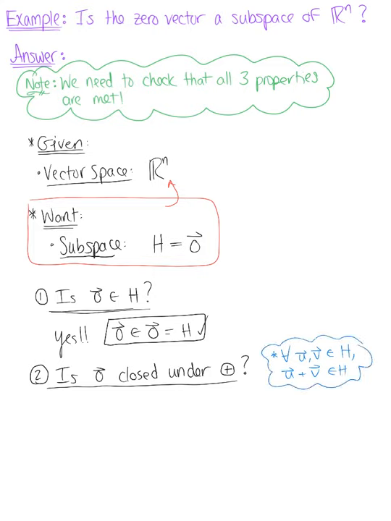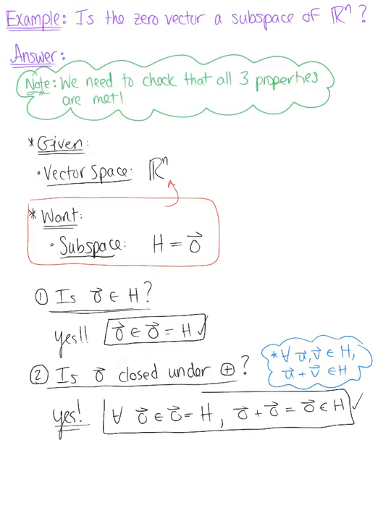What's nice about this is we only have one vector to work with. So is this closed under addition? Absolutely. We can say for all zero vectors in the subspace H, the zero vector plus the zero vector equals the zero vector, which is in H. So yes, this subspace is closed under addition.